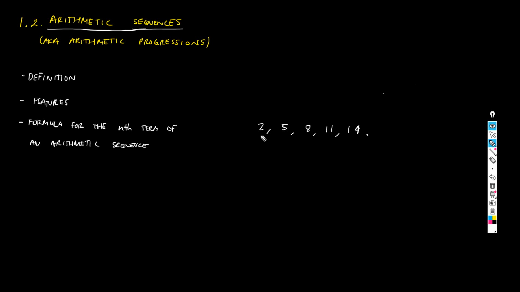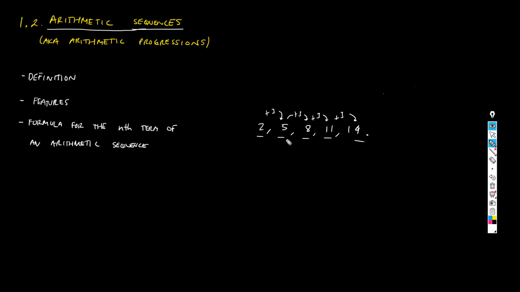Each of the new terms in the sequence is actually the previous one plus a specific number, right? For example, 5 is actually 2 plus 3, and you get 5. Now, 8 is the previous term, which is 5, plus 3 again, and you get 8. And the same goes for the rest of them. 8 plus 3, 11, 11 plus 3, 14, and now we stop.